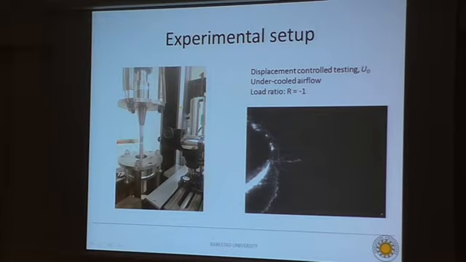This is a picture of how the crack looks like on the computer screen. What you can see here is the notch and the crack initiation just here. This crack is about 0.5 millimeter long.